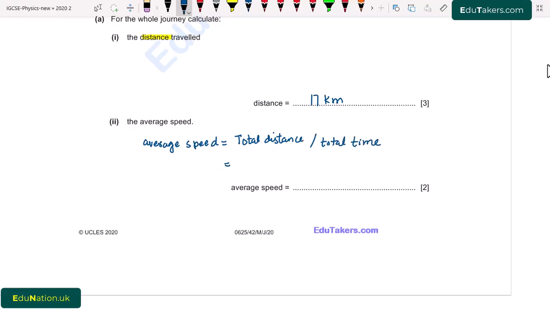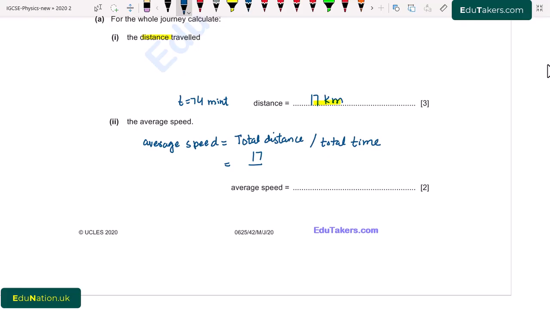Here you can see that the total distance that is covered is 17 km, as we have calculated. It comes to be 17 over time, which is 74 minutes. So first of all, I change this minute into hour by multiplying it by 1 over 60.